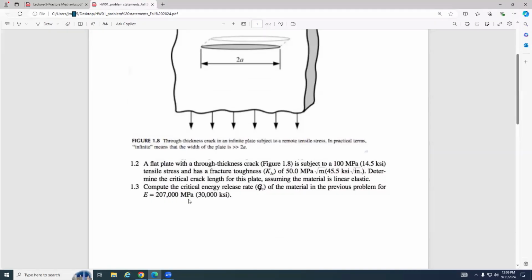For this GC, GC equals KIC squared divided by Young's modulus. Do you still remember this equation, right? Questions? Okay, this is our second problem, and you can get the answer for it.